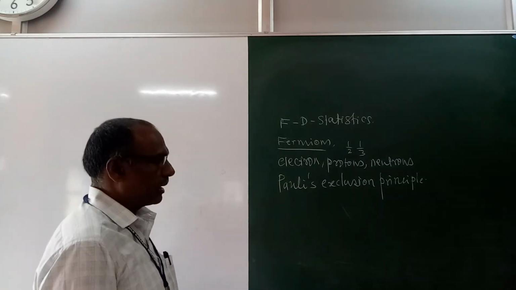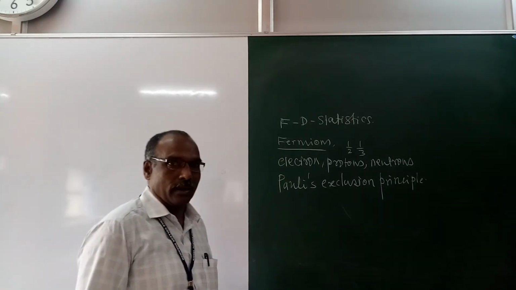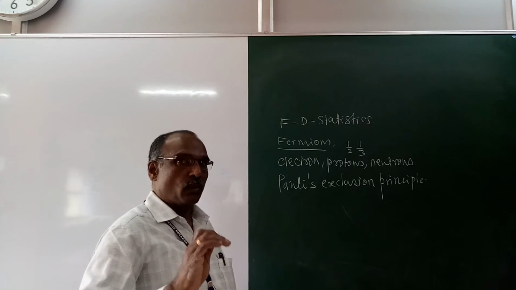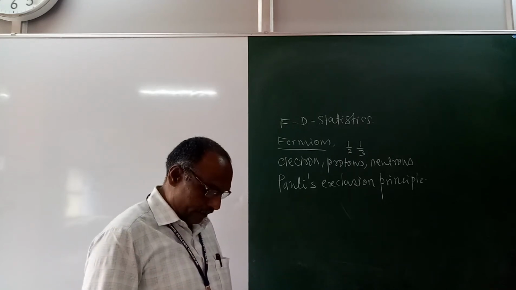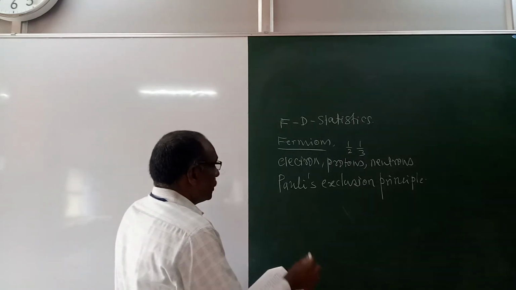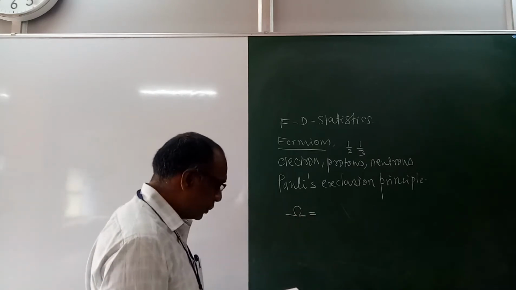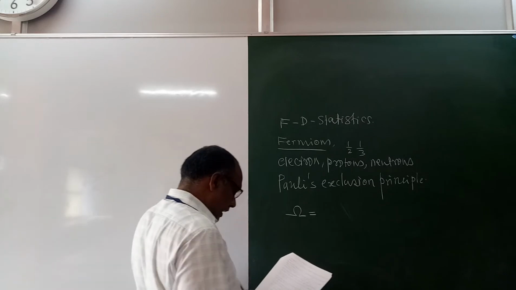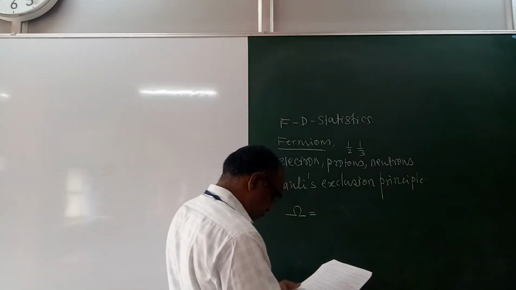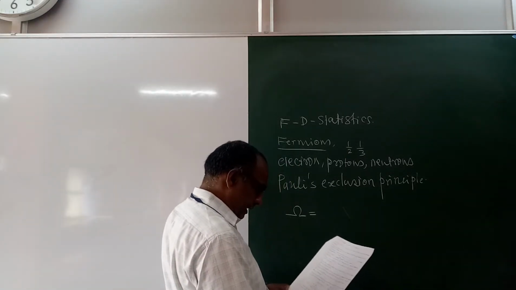That means one particle in one cell, or only one particle in one energy level. So for the distribution function, Ni are the number of particles distributed in Gi cells.